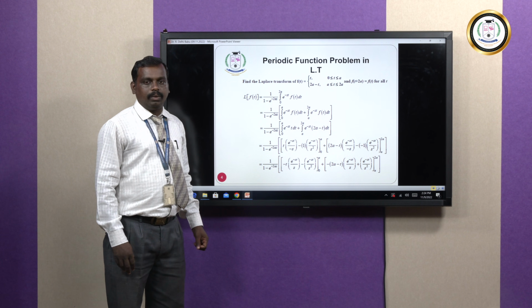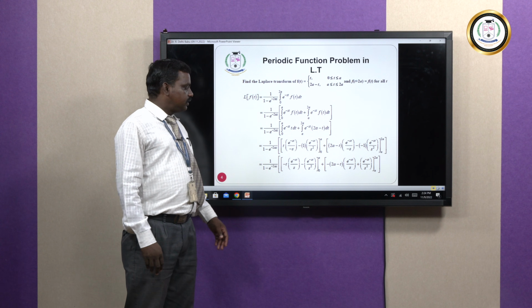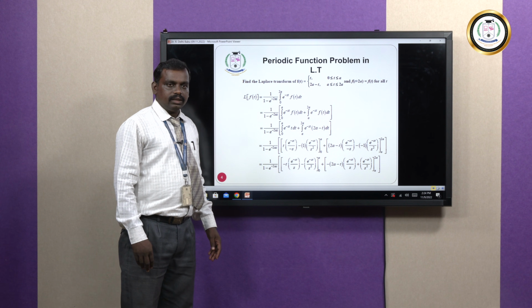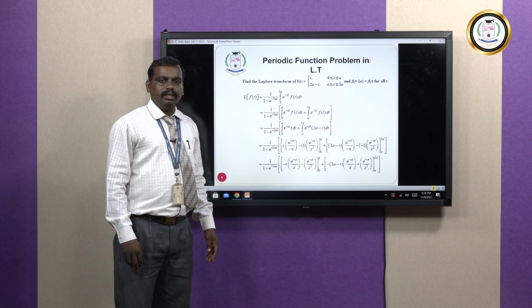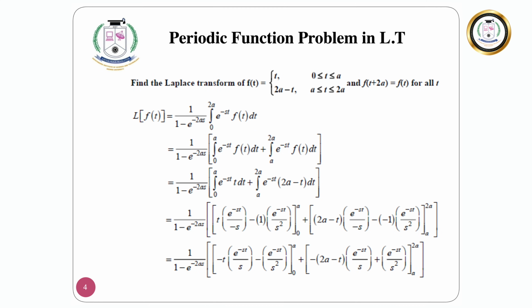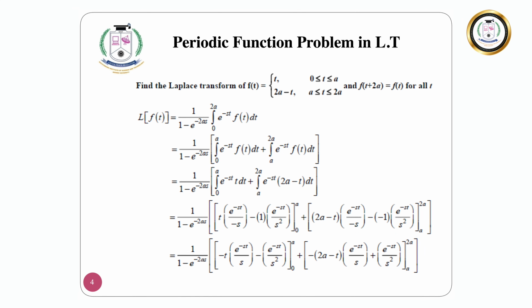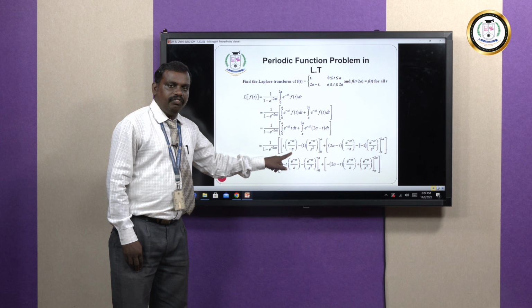Hence, apply the Bernoulli formula. Already you know the Bernoulli formula: integral u dv is equal to uv minus u dash v1 plus u double dash v2 minus etc. So, apply this. Your u is t and dv is e power minus st dt. Apply this: u, that means t, into v.